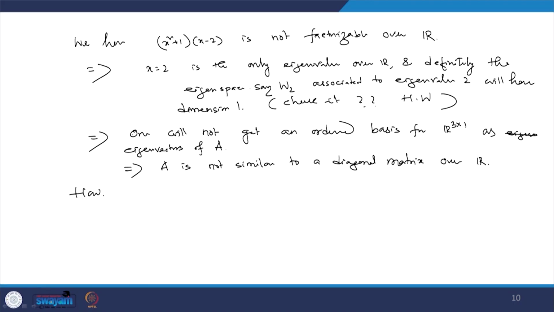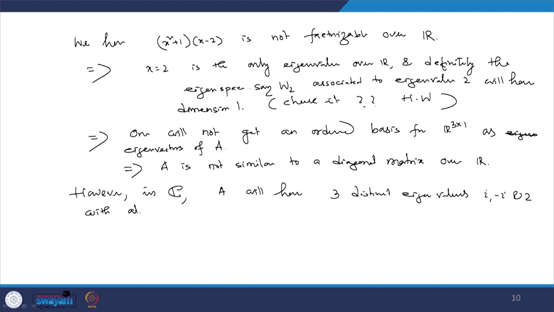However, in the complex plane C, A will have 3 distinct eigenvalues i, -i and 2, with algebraic multiplicity 1 each.